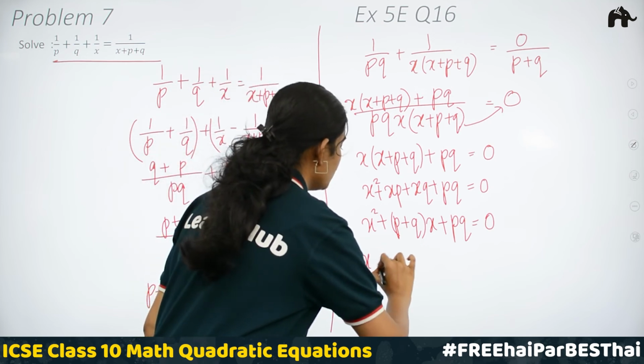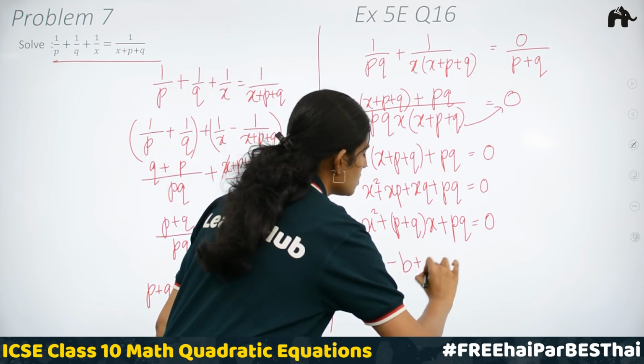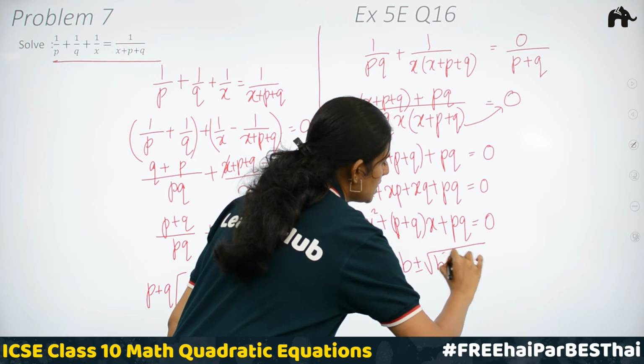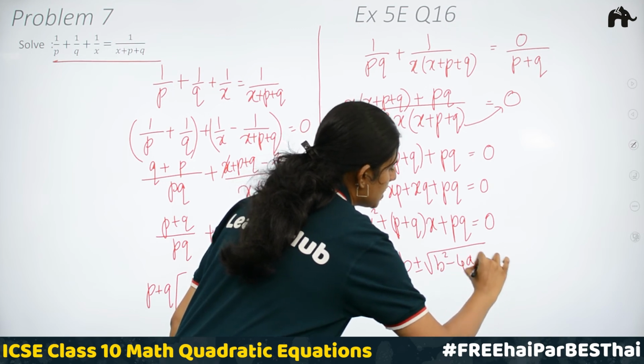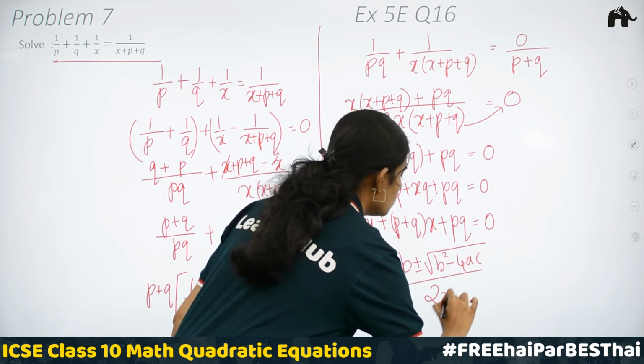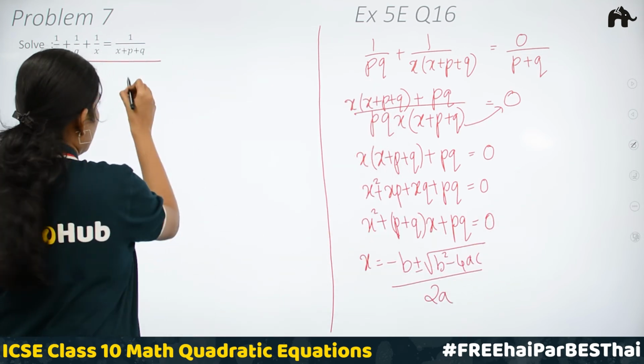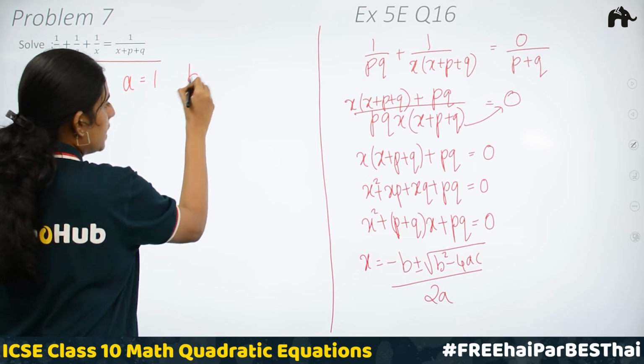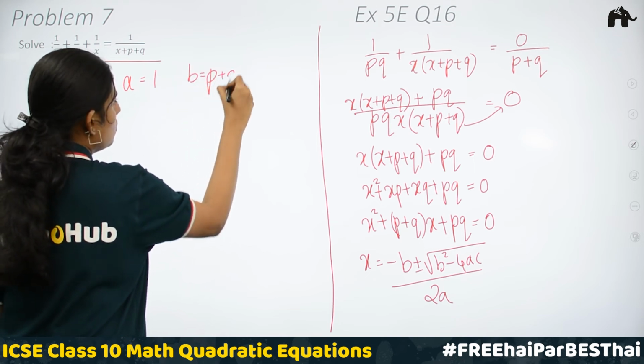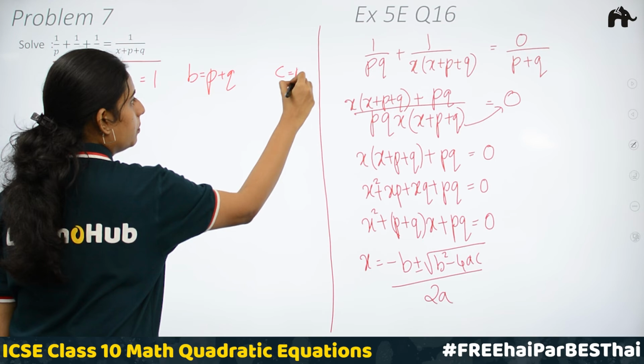X is equal to minus B plus or minus root of B square minus 4AC divided by 2A. Substitute values for A, B and C. Here A is equal to 1, B is equal to P plus Q and C is equal to PQ.